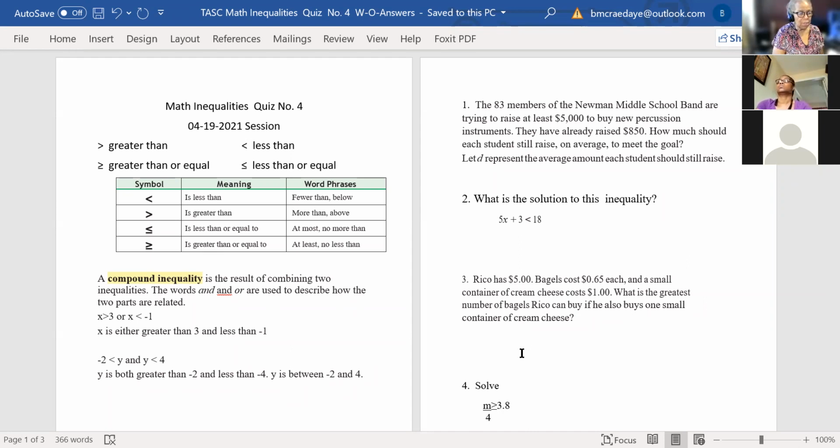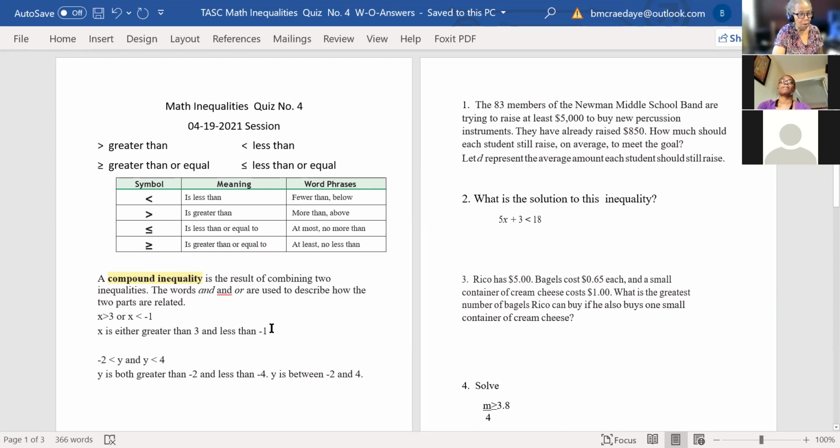Another thing I didn't tell you about is that you can have a compound inequality, combining two inequalities. They can be and, or. For example, x greater than 3 or x less than negative 1. So it can be either greater than 3 or less than negative 1.